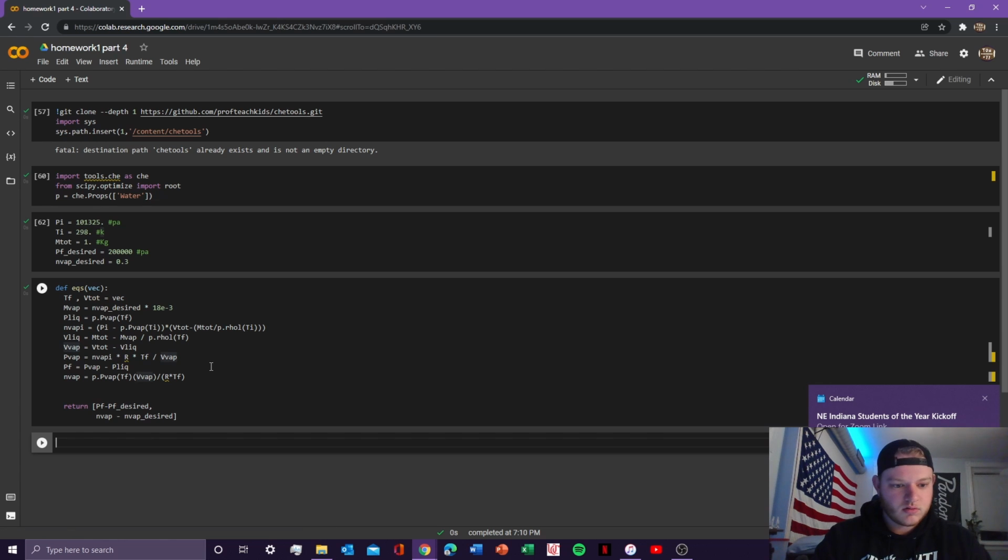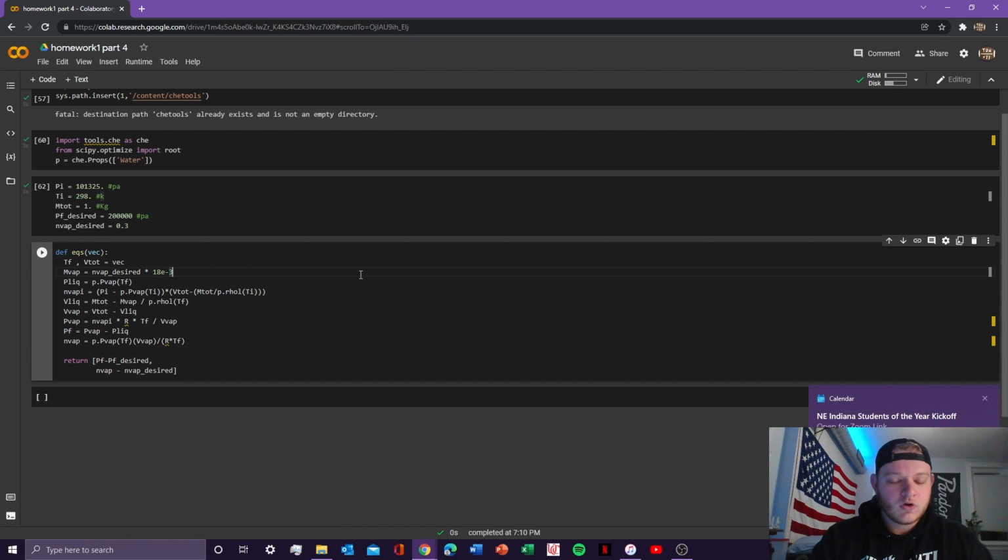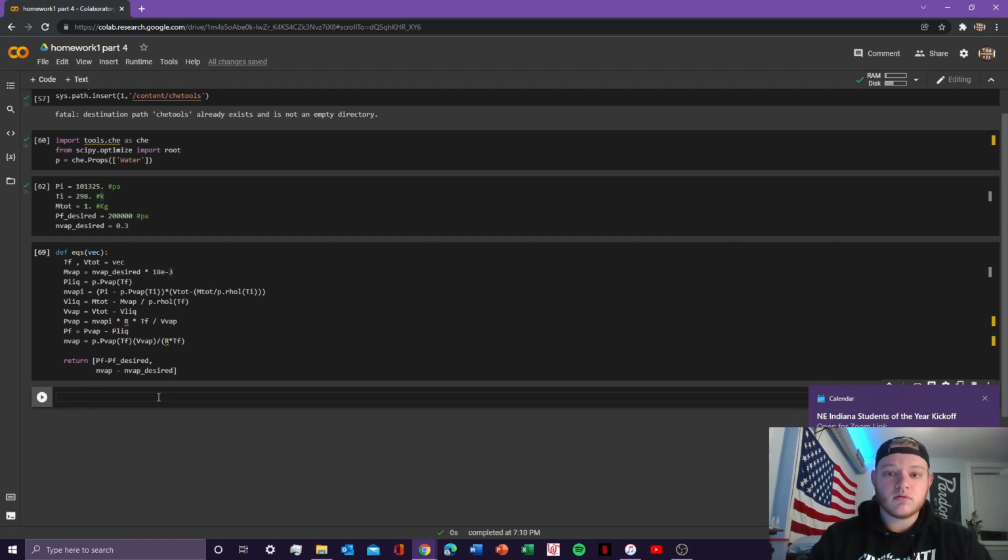Shift enter. Okay. Make sure we have everything. Double check our sources. Make sure we're not missing any functions. Alright, it all checks out. Okay, now that we have all of our functions defined, we need to use the root function to pull out our solutions.